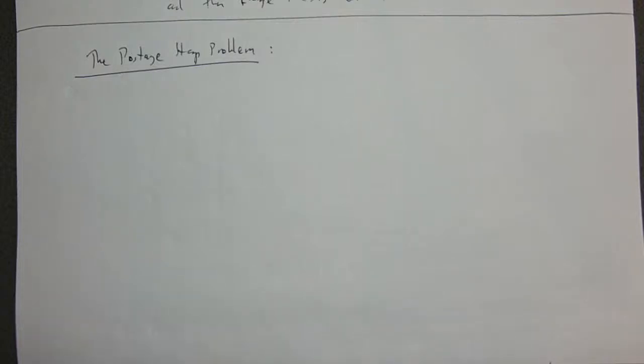So what is the postage stamp problem? It gets its name from a framing question, which is to say, what if you went to the post office, you wanted to mail something, right? You wanted to mail a letter, some package, and you found out that they only had stamps of certain denominations. In this case, we're going to say 2.